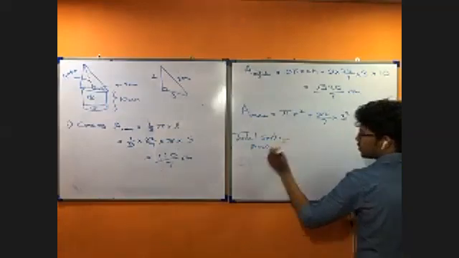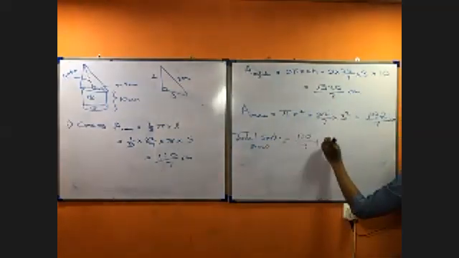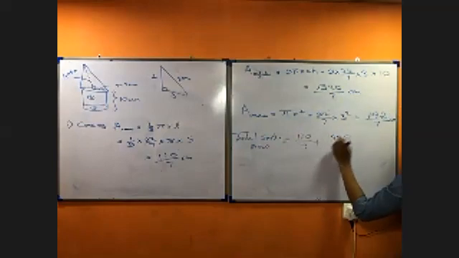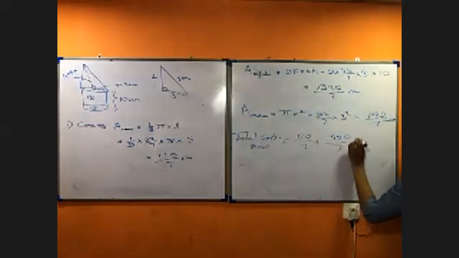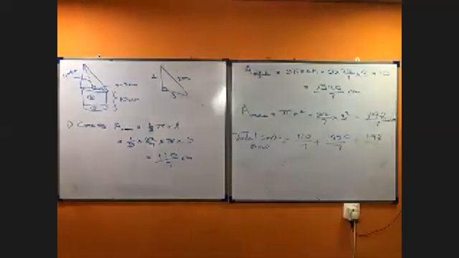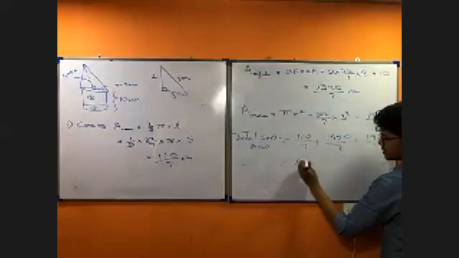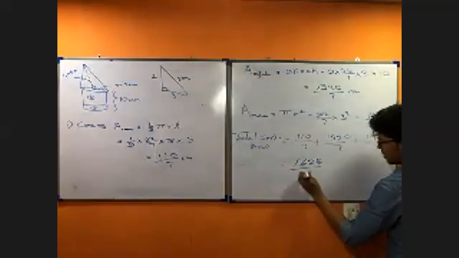So now to find the total surface area, you need to add 110/7 plus 1320/7 plus 198/7. We have the same denominator, so we can add, no problem with that. So you should get 1628. I think yes, right? 1628. If there's a mistake, tell me.